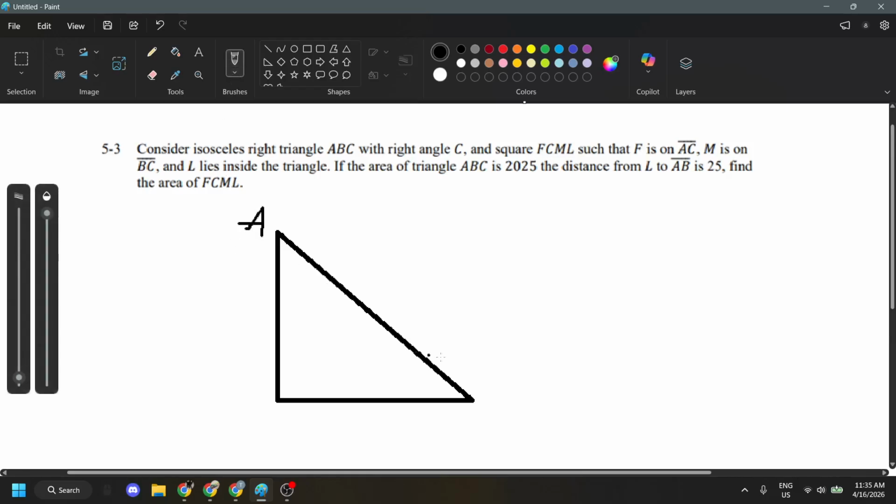A, B, C. This is a right angle, and this is the same as this. And square FCML such that F is on AC. So F is on AC, so let's say F is here. M is on BC.